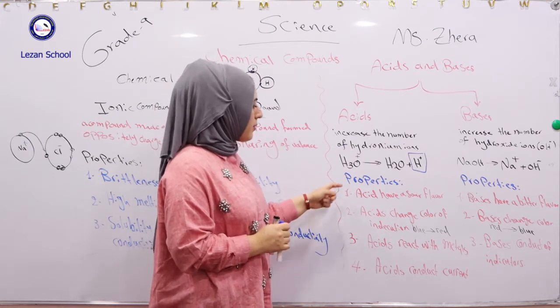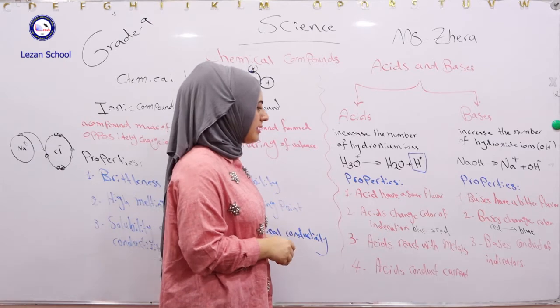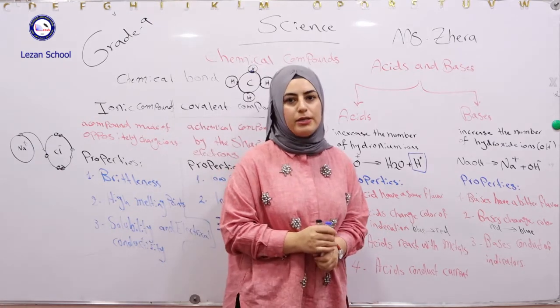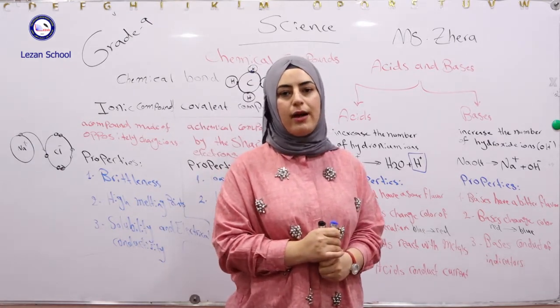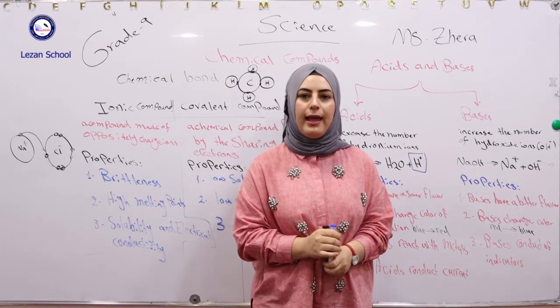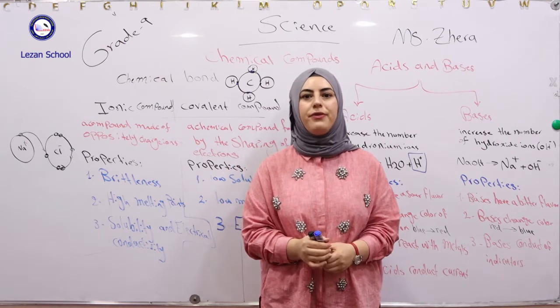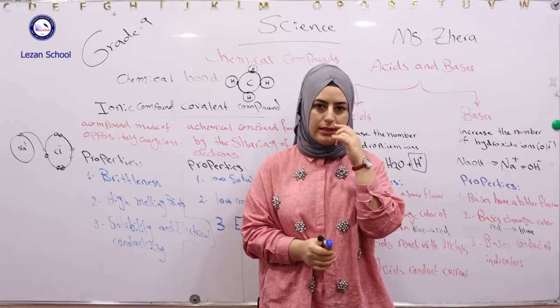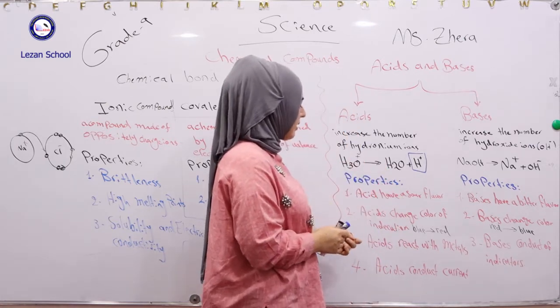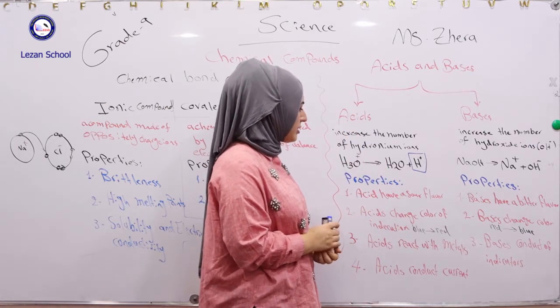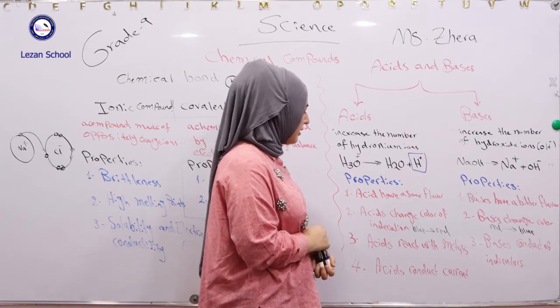Property number one, acids have a sour flavor. When you taste an acid, you can feel the sour taste, like lemons and some kinds of fruit with citric acid. The second point, acids change color in an indicator.